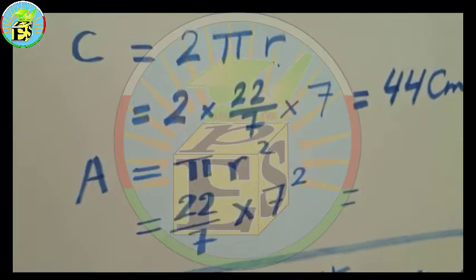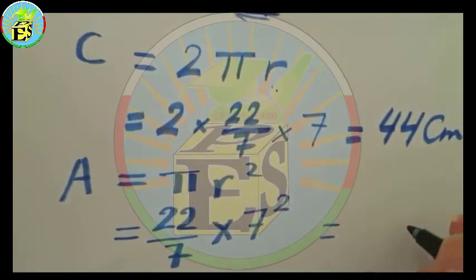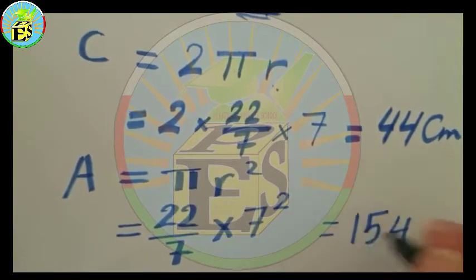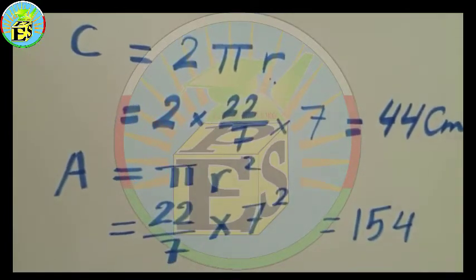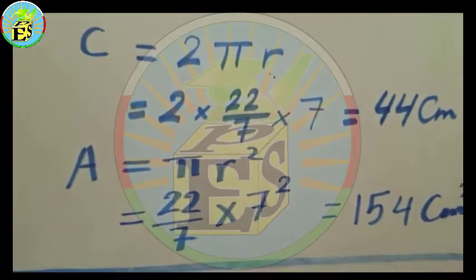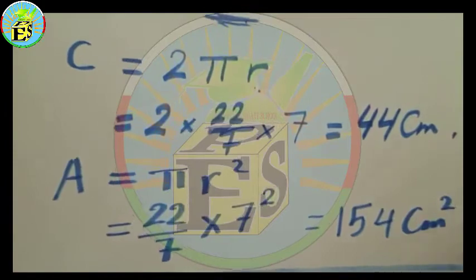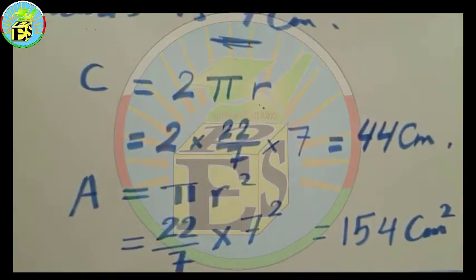Use your calculator: 22 over 7 times 7 squared is 154 centimeters squared, because this is area. You get it?